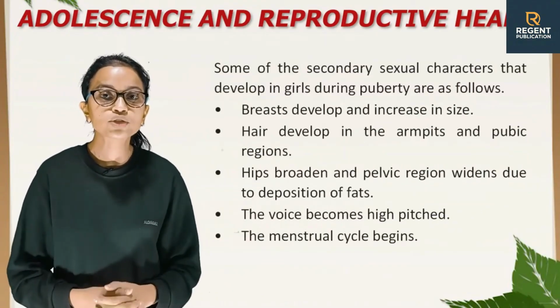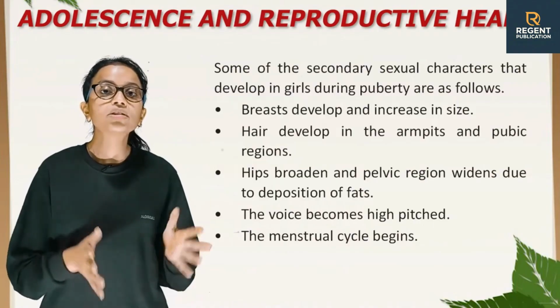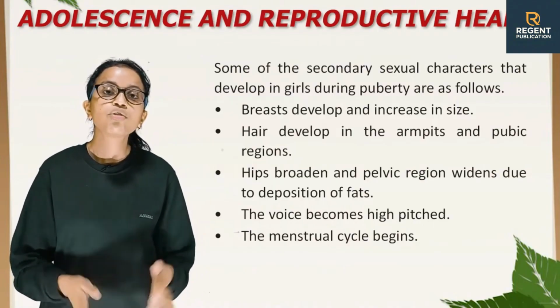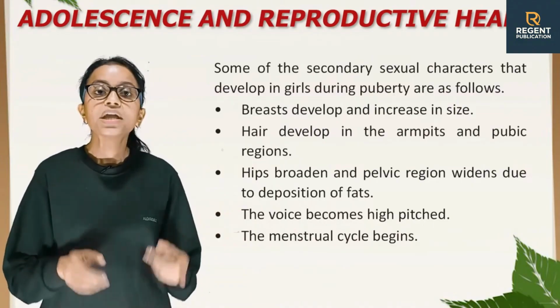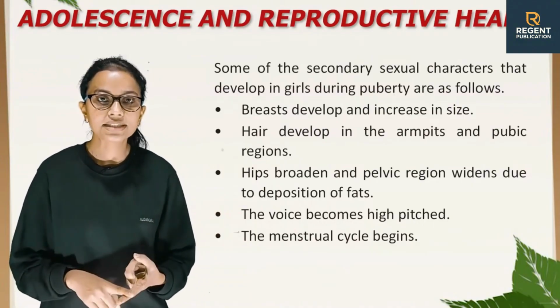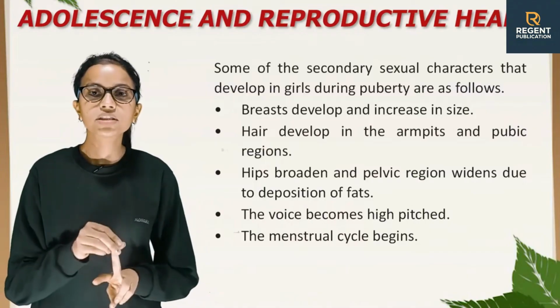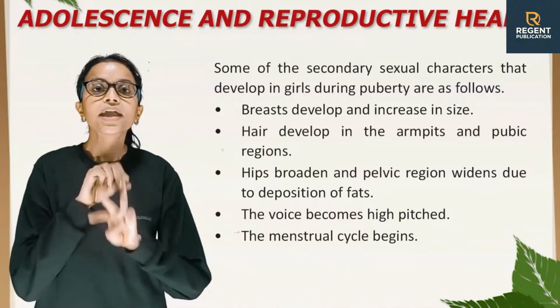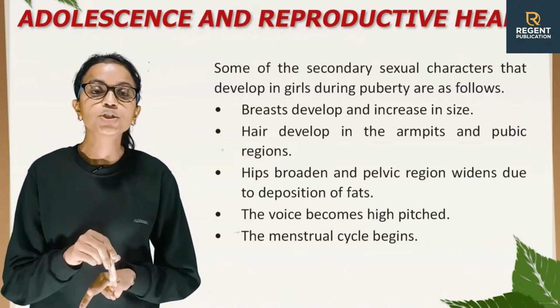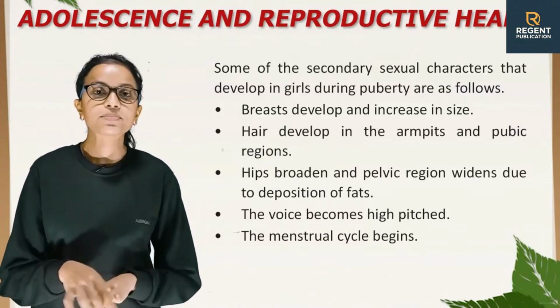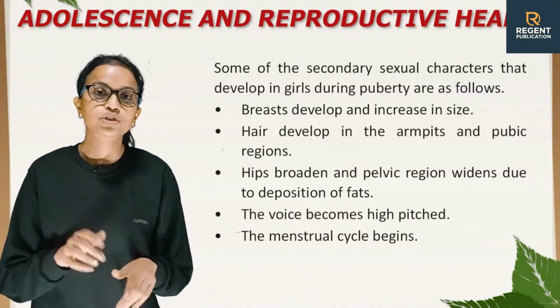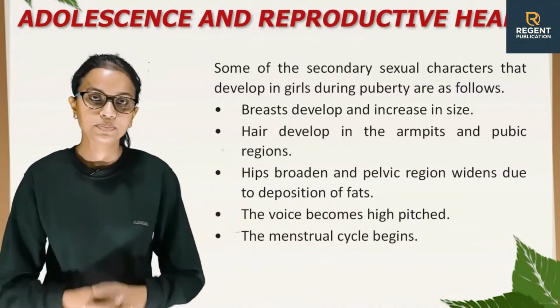Some of the secondary sexual characters that develop in girls during puberty are as follows. Breasts develop and increase in size. Hair develops in the armpits and pubic regions. Hips broaden and the pelvic region widens due to deposition of fats. Voice becomes high pitched. The menstrual cycle begins.